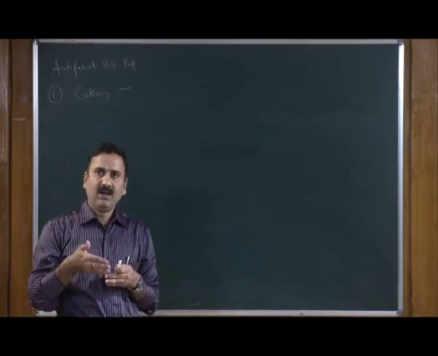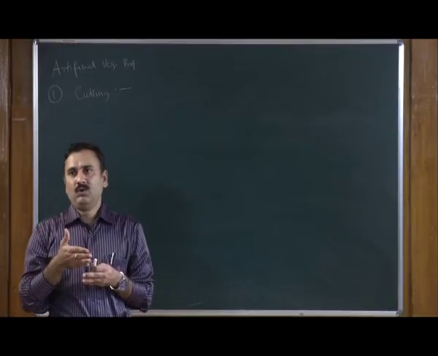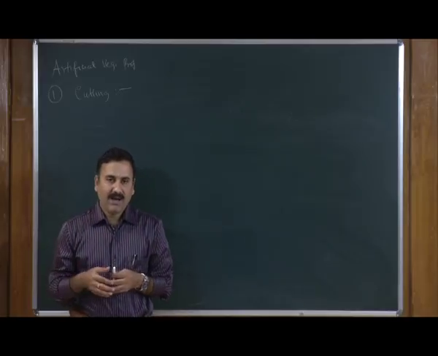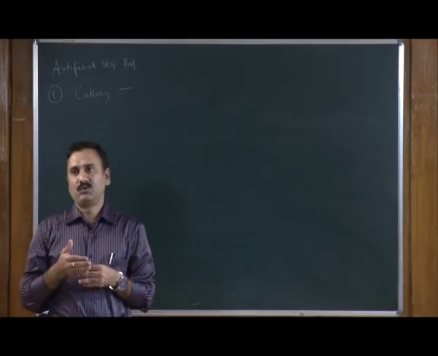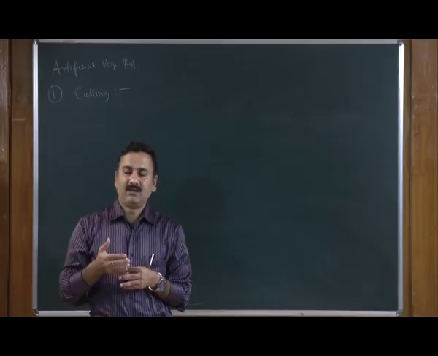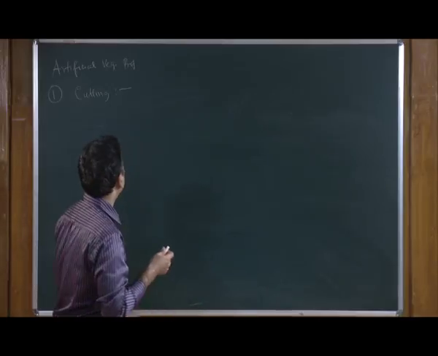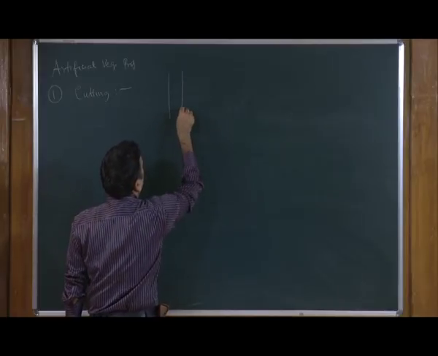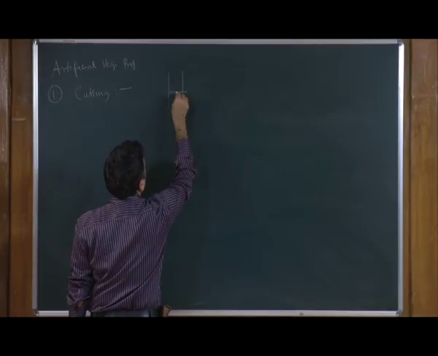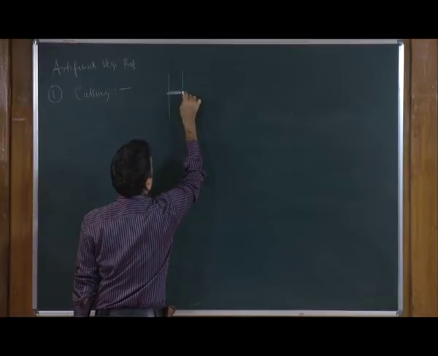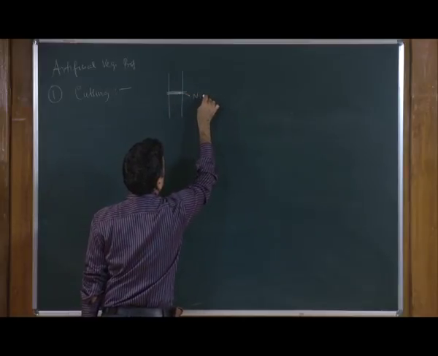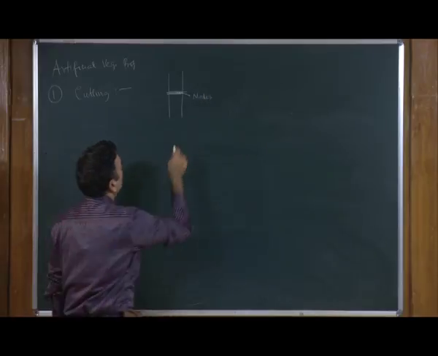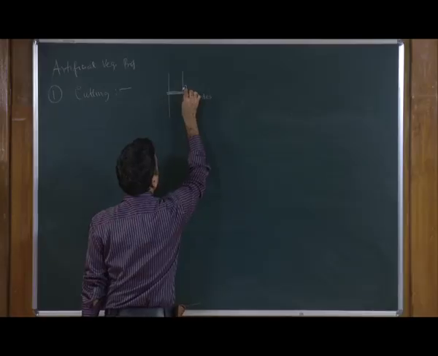How does it happen? You have buds on each of these parts, and these buds give rise to a shoot on the top as well as roots at the bottom. Let us take an example of how it happens in the stem. You have a stem, and it has joints, and these joints are called nodes, and on these nodes you have the axillary buds.